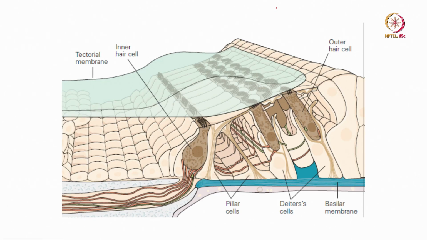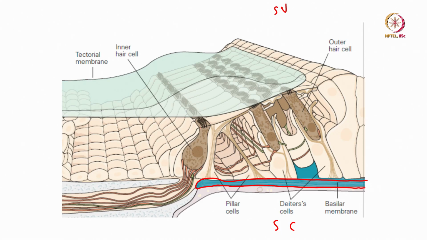To give context, this is the scala vestibuli, and this is the scala tympani. We are in the middle part of the cochlea. This is the basilar membrane, and on top of the basilar membrane are the cells.